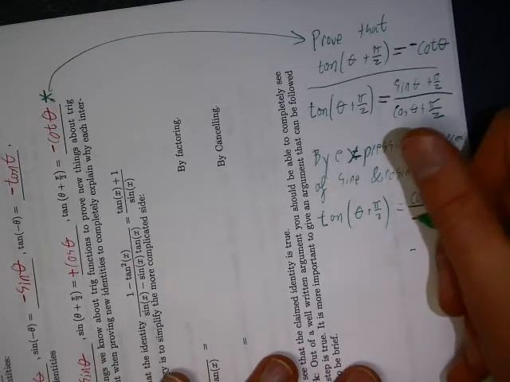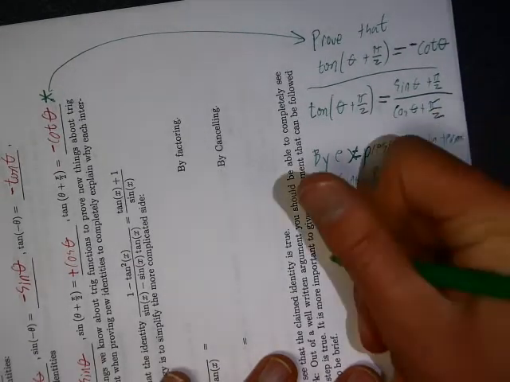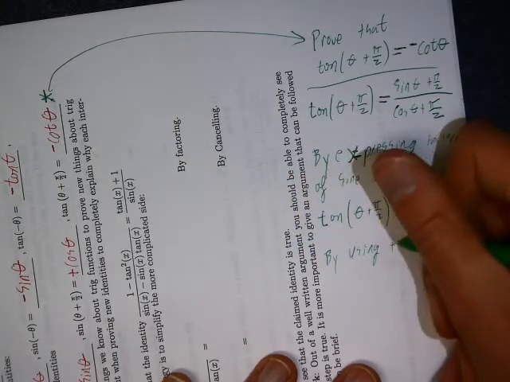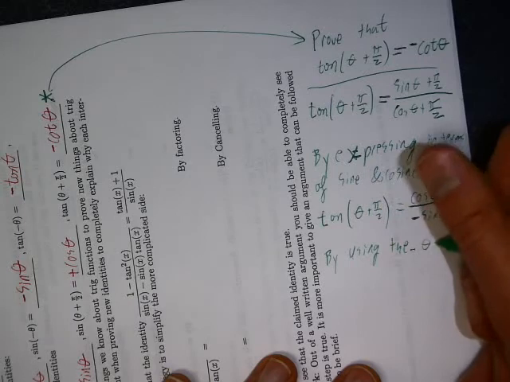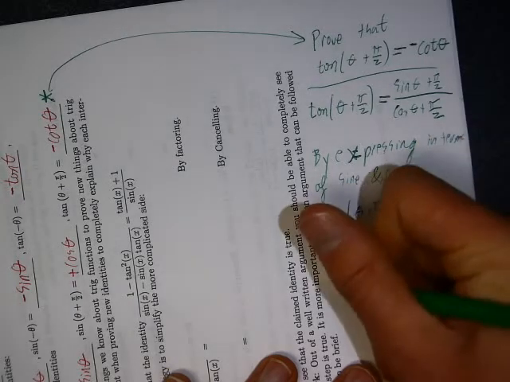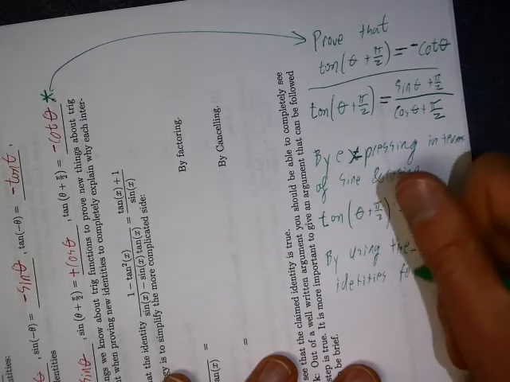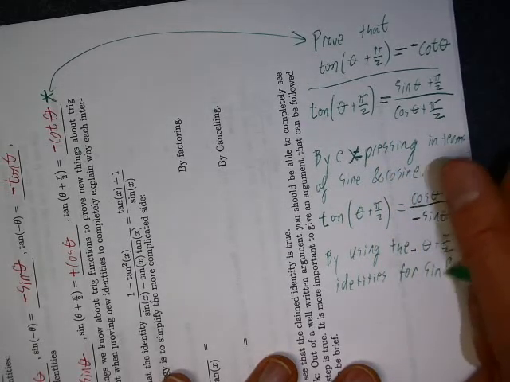Negative sine theta, by using the theta plus pi over 2 identity for sine and cosine.